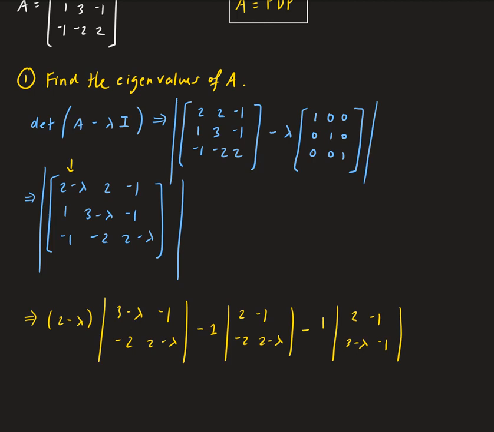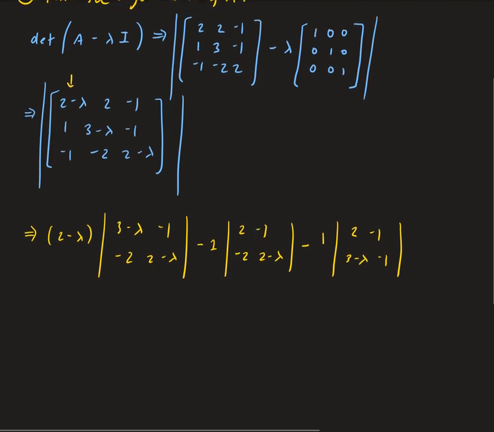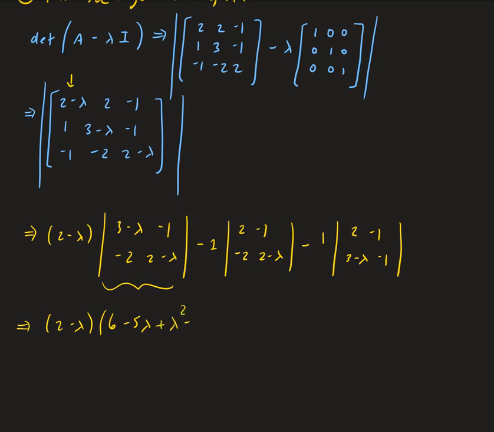Now let's simplify this. You have 2 minus lambda times 6 minus 5 lambda plus lambda squared minus 2. And then minus, this is going to give us 4 minus 2 lambda minus 2.